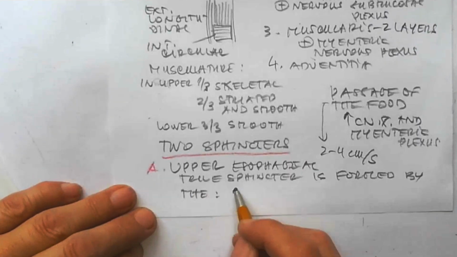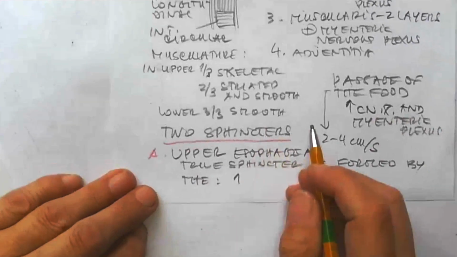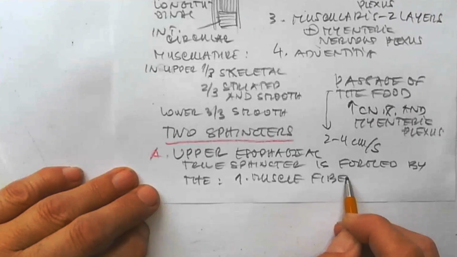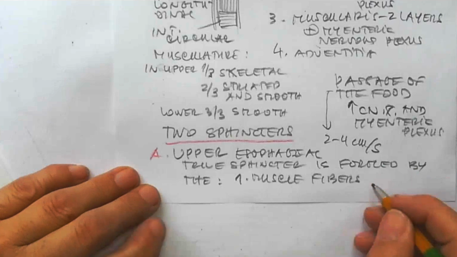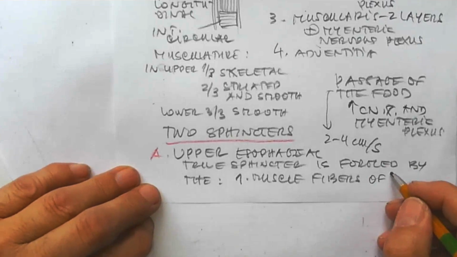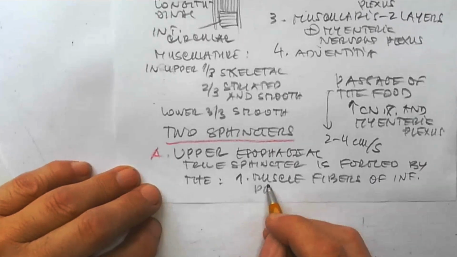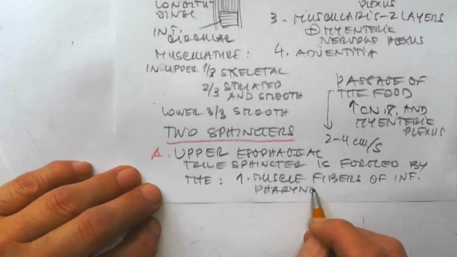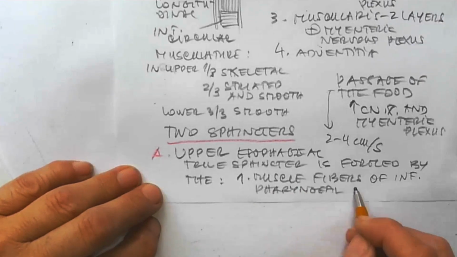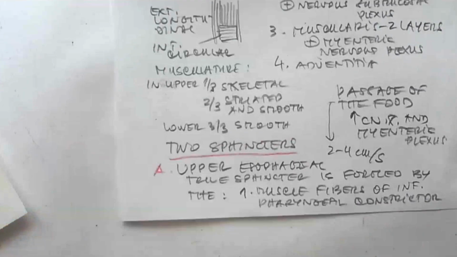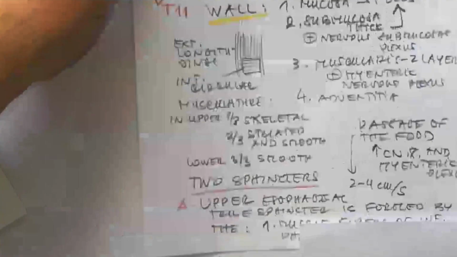Number one, muscle fibers that originate from the inferior pharyngeal constrictor. This is very clear.